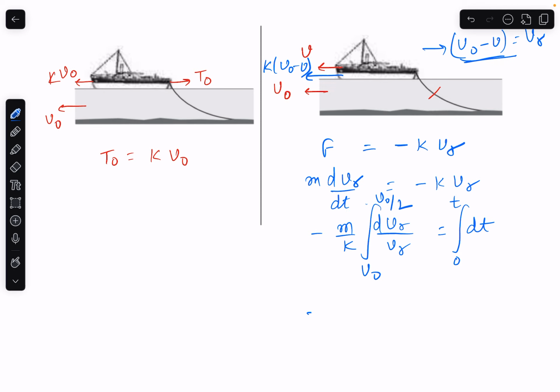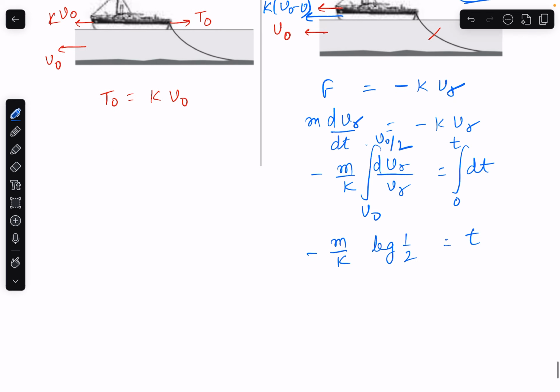So on integration we get minus m by k and log of 1 by 2. This will be the time t. Log 1 by 2 can be written as minus log 2, so the time taken becomes m by k log 2.